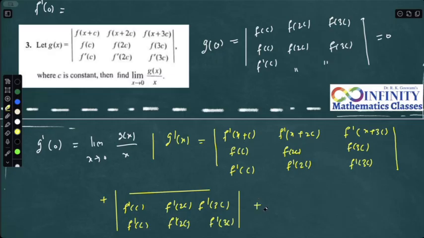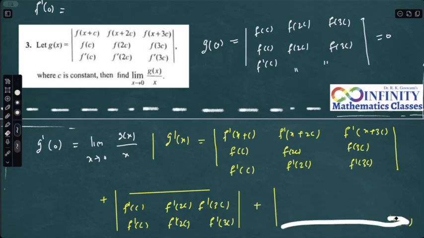Next, differentiate the third one, keeping the first two as they are. So the third row derivative: double derivative at c, double derivative at 2c, double derivative at 3c. Oh my God, I made a mistake there. What should be the derivative of f prime c?